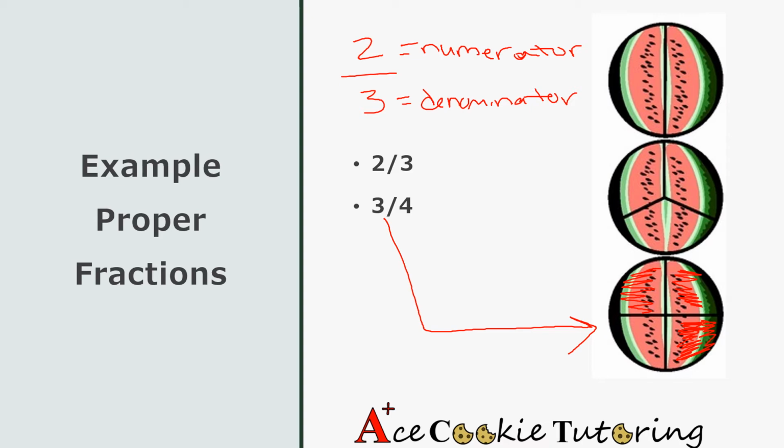So if I have 1/4 of the watermelon and then someone else eats another 1/4, and then again, someone else is hungry and eats another piece, then that means each of us has eaten 1/4, which means 3/4 of the watermelon is gone or eaten. So I just wanted to give you guys some practical experience with the idea of fractions and how they really look.